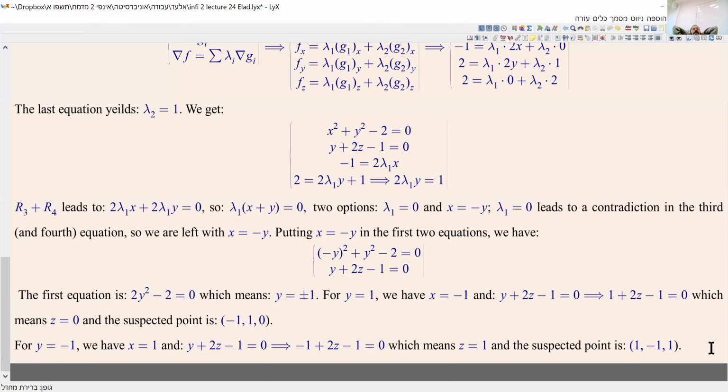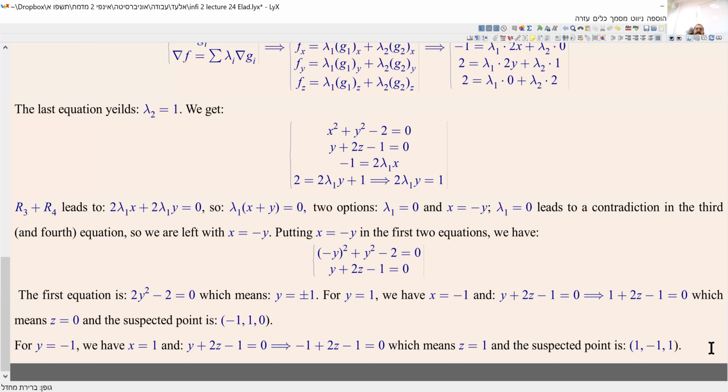Actually, more than that. We mentioned the Weierstrass theorem last week, the theoretical theorem that assures us we have extrema, a maximum and a minimum. So whatever equations we solve, we need to find at least two suspected points, one to be the maximum and one to be the minimum. We can find more; in the first example, we found 6.